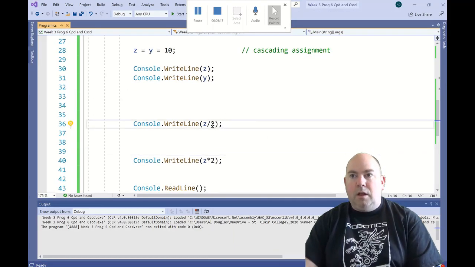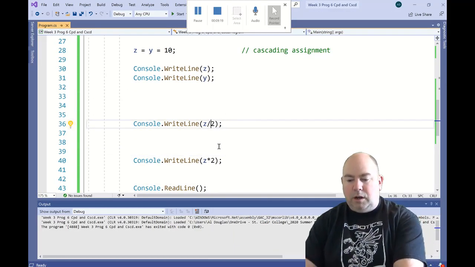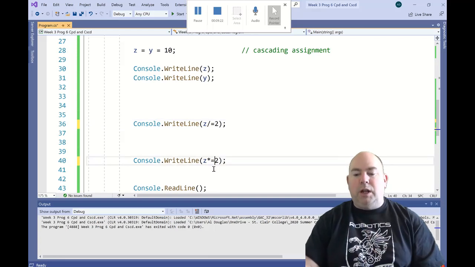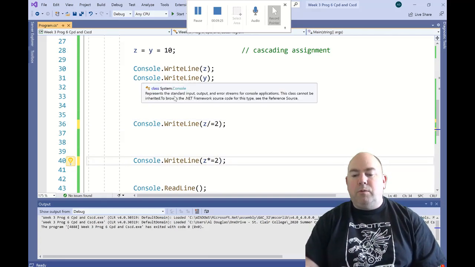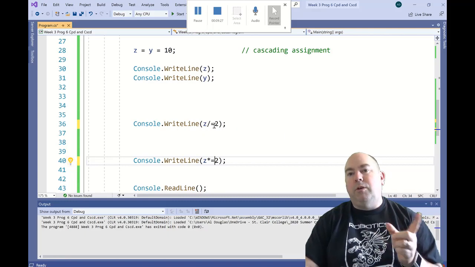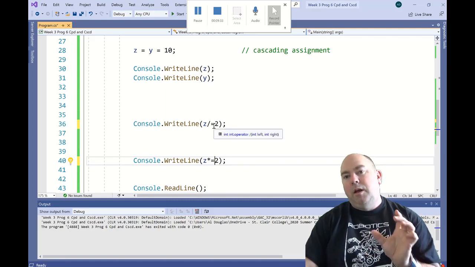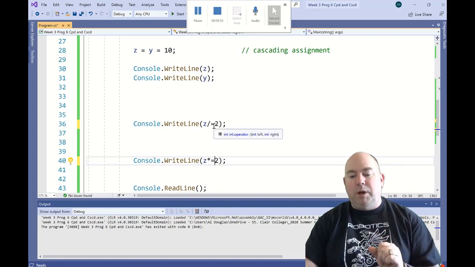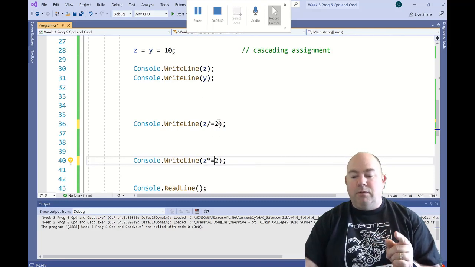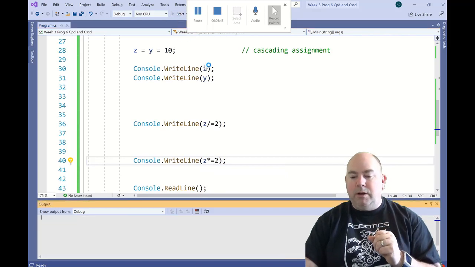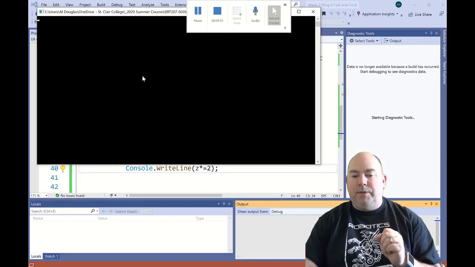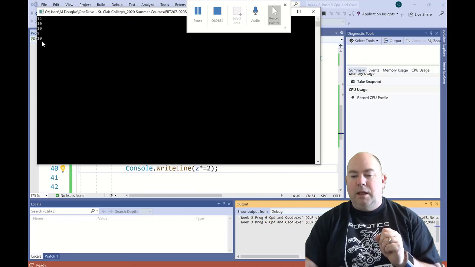If you put the equal sign in here, remember it's actually redefining. So here we're going to divide by 2, but we're actually going to redefine z at the same time. So 10 divided by 2 gives us 5, and then our new value of z, which we use down here, will be 5 multiplied by 2, which should give us a 10. Remember in the previous example we had a 20 down here. This one should now give us a 10 down here. And you can see how we got the 10 there.